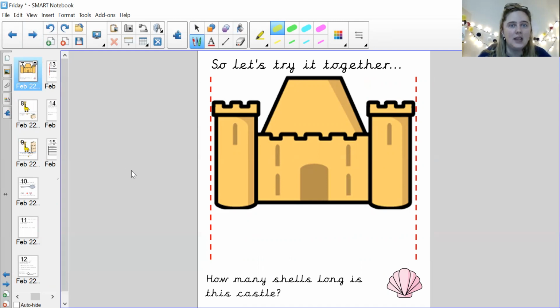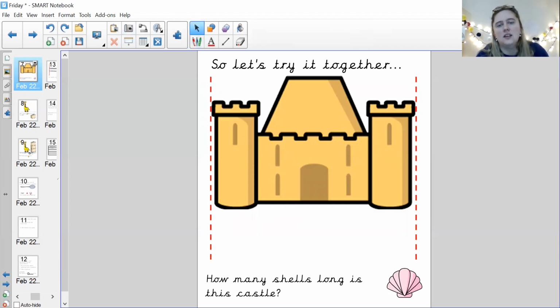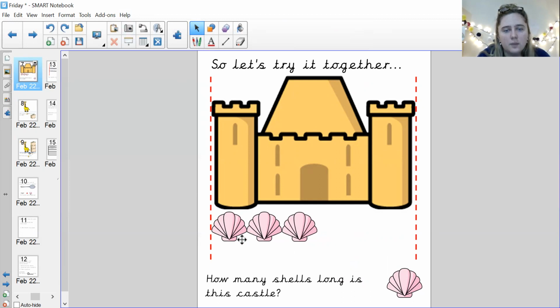So let's try it together. How many shells long is this castle? Let's find out, shall we? So we use our shells, we follow the 2 rules. So all the shells are the same size, and I'm going to make sure there are no gaps. So how many shells long is this castle? 1, 2, 3, 4, 5.